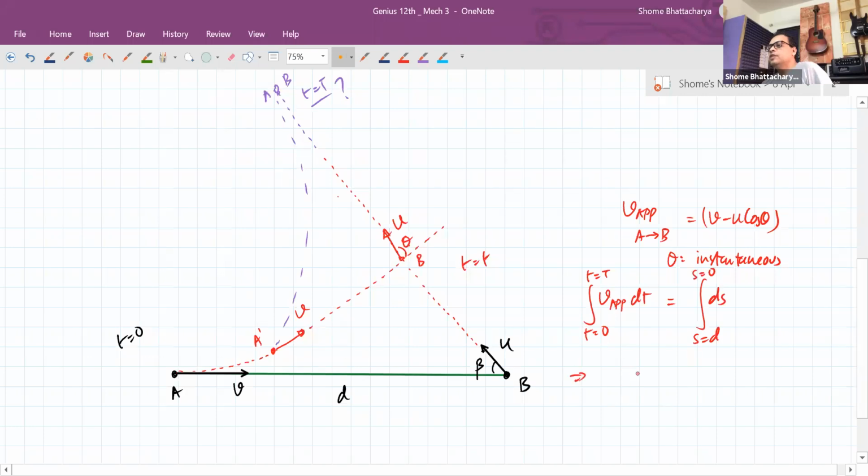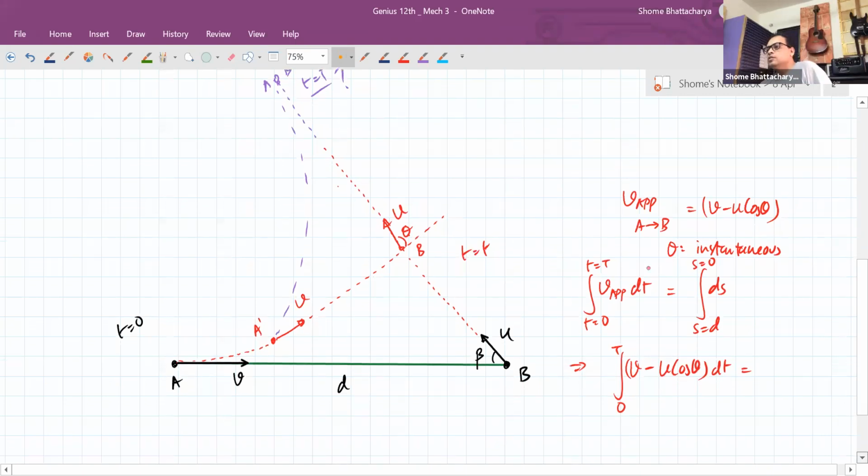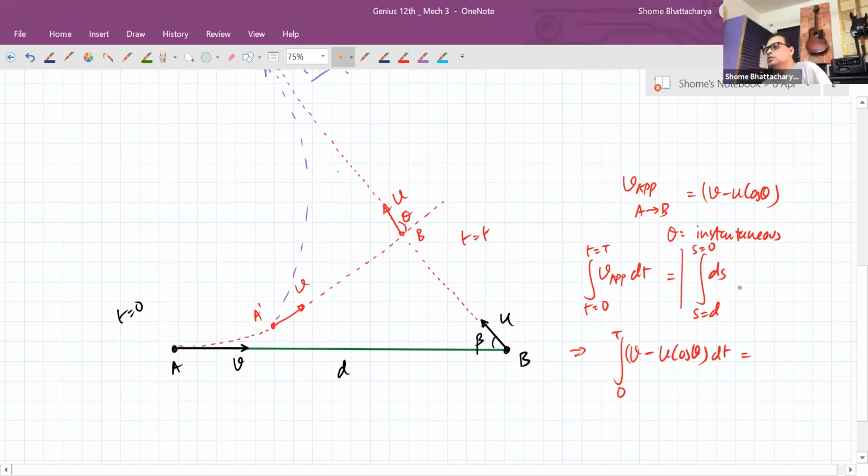So we have the integration of v minus u cos theta dt from 0 to T, and we take the modulus, because this is how much it has approached in that direction. So this becomes d. We can write it as vT minus u times the integration of cos theta dt from 0 to T is equal to d. This is our first equation.